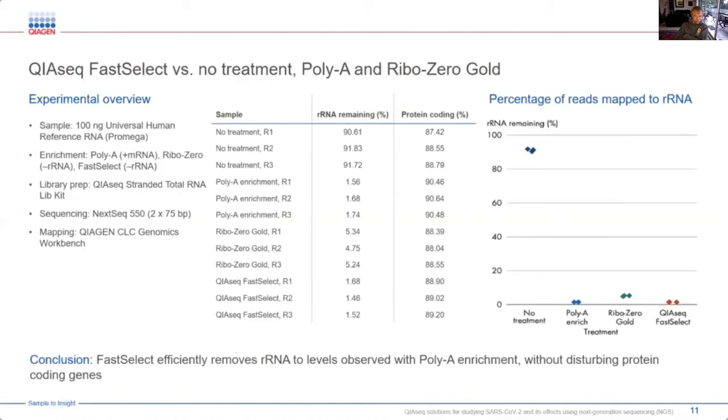So effectively what I've shown is that poly-A enrichment and using FastSelect really demonstrate the same amount of ribosomal RNA left over, but now I am seeing the totality of the whole transcriptome, not just with poly-A enrichment.